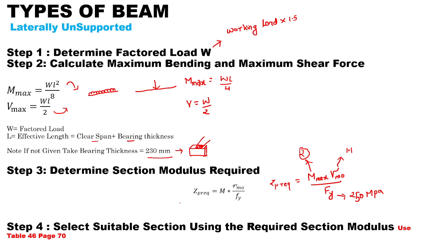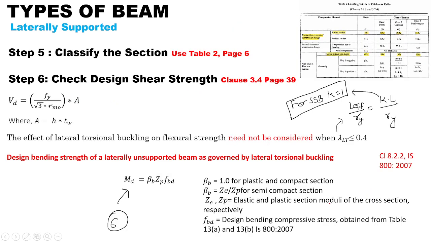After determining the plastic section modulus required, we can select a suitable section from table 46, page number 70 for Nepalese students. After that, we will be classifying the section using table 2 of IS 800.